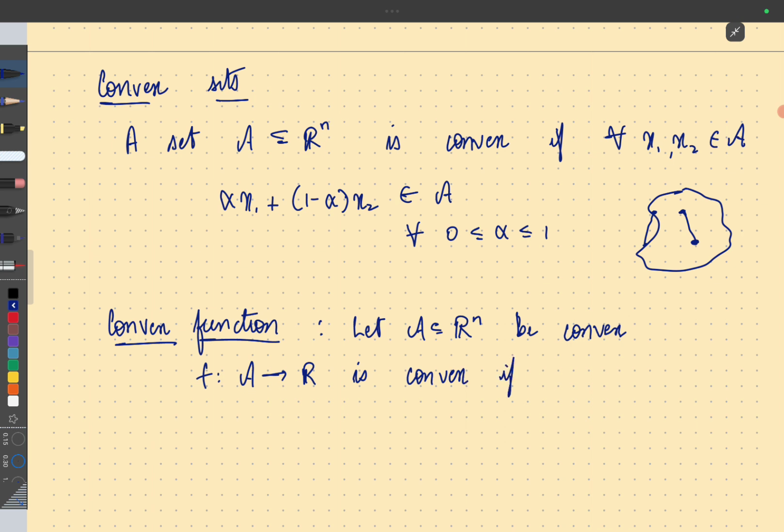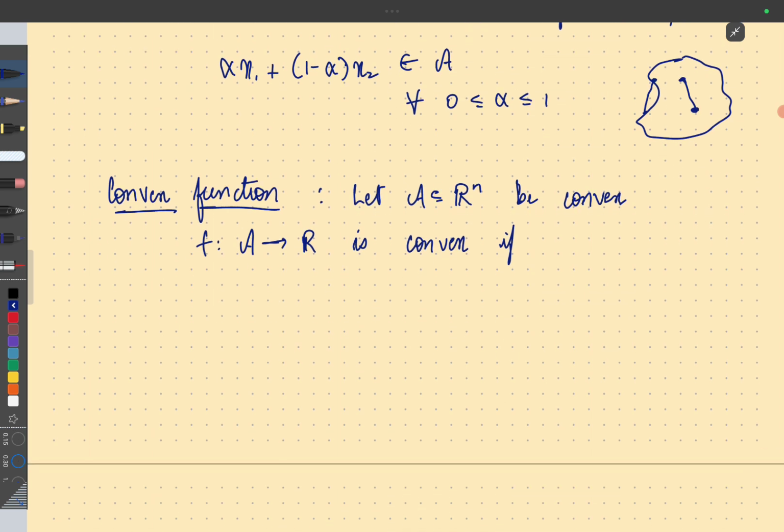So the function is convex if f of alpha x1 plus (1 minus alpha) x2 is less than or equal to alpha times f of x1 plus (1 minus alpha) f of x2.